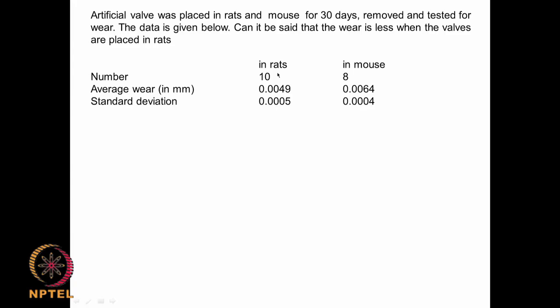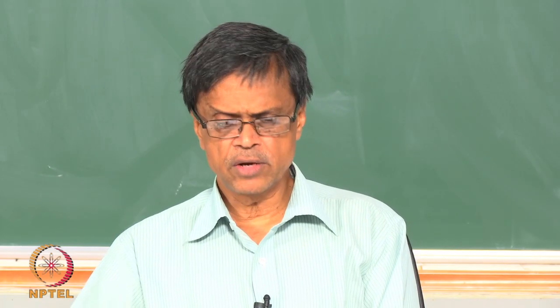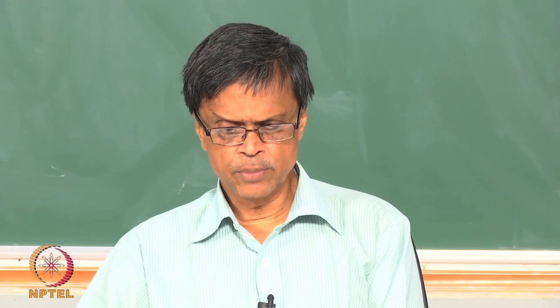This is again a t test, because we are trying to look at whether wear is less when the valves are placed in rats, so rats will be less than the mouse. We can look at 95 or 99 depending upon the importance.